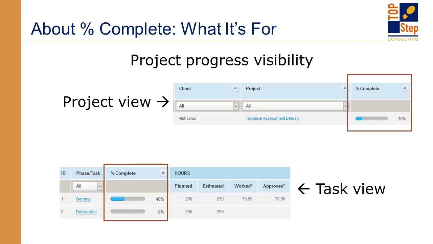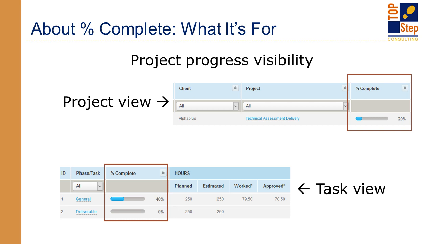So first things first, what about percent complete and what it's for? Simplistically, percent complete provides a means to determine where a project or an individual task within that project is and what the work remaining is. Unless percent complete calculations are disabled so that folks can manually update them, percent complete is a simple division of approved and planned or estimated hours.